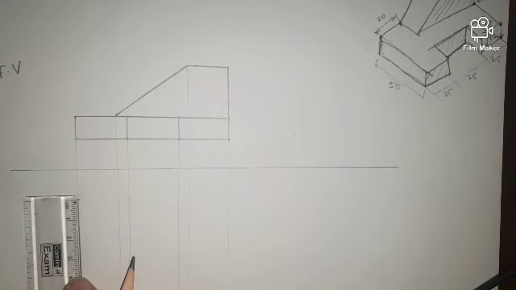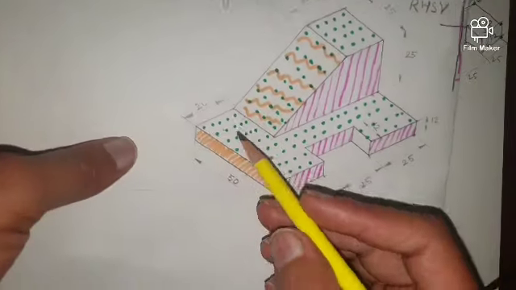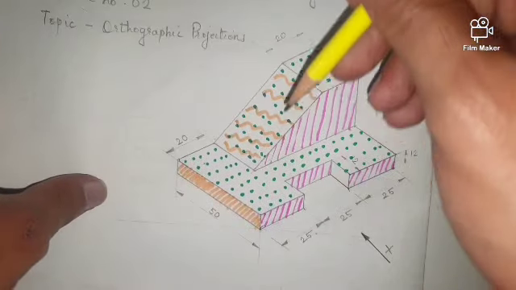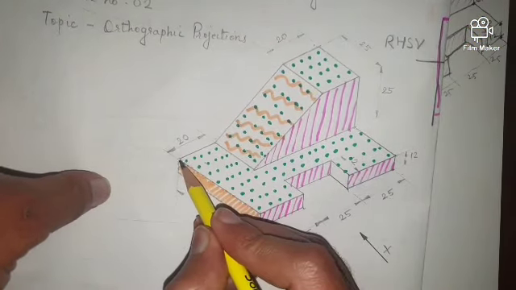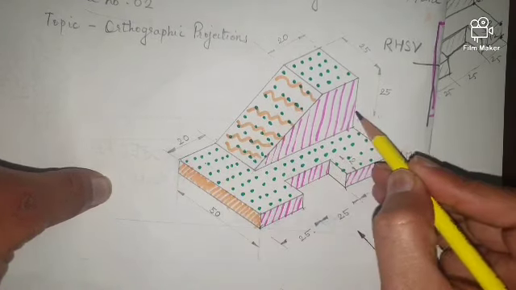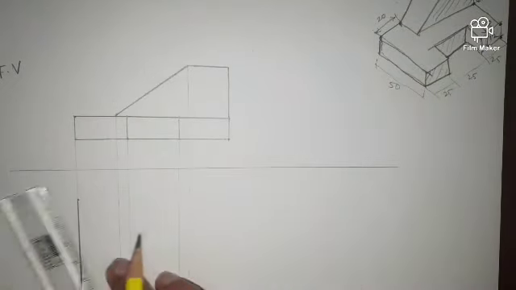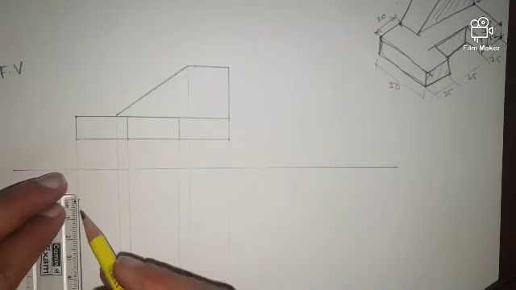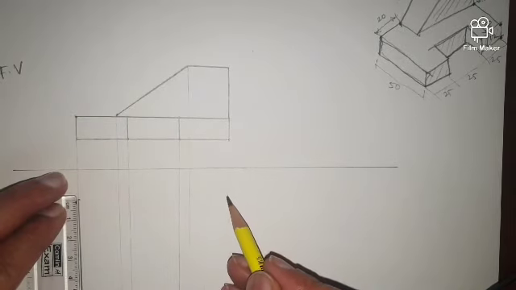Since we are starting from this point, we're drawing the top view. We are starting from this point. We have to go 50 here, and then we have to go 75 here. So we've gone 50 here, and then we have to go 75 here, right?